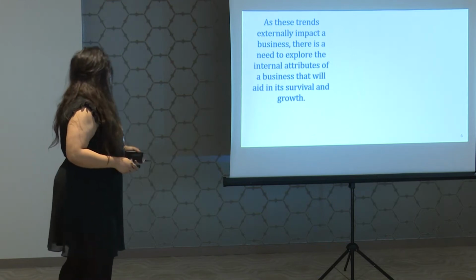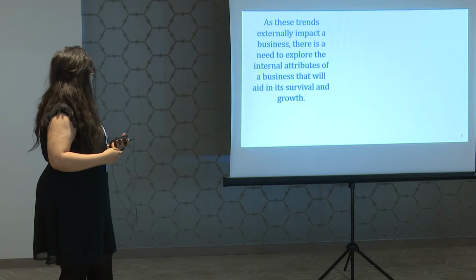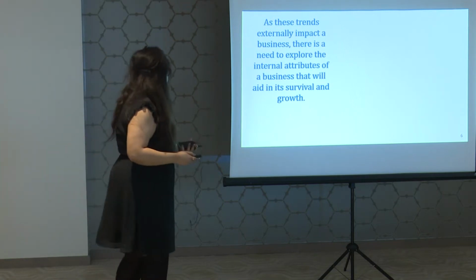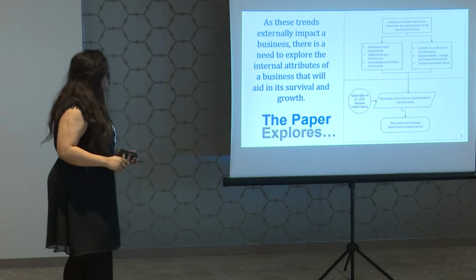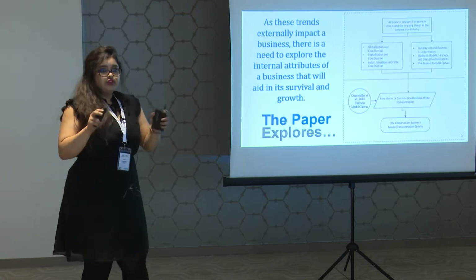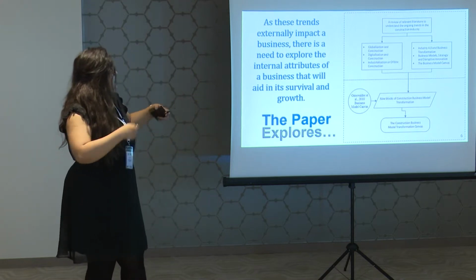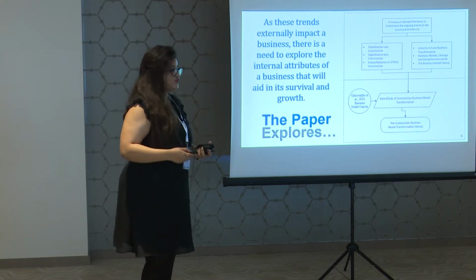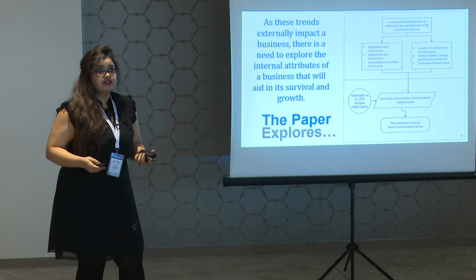Thus, as these trends externally impact the business, it is essential that we explore the internal attributes of a business that will aid in its survival and growth. And this is why this paper reviews 2 distinct attributes to this issue. Firstly, it understands the trends of Industry 4.0 in terms of globalization, digitalization, industrialization, or offsite construction.